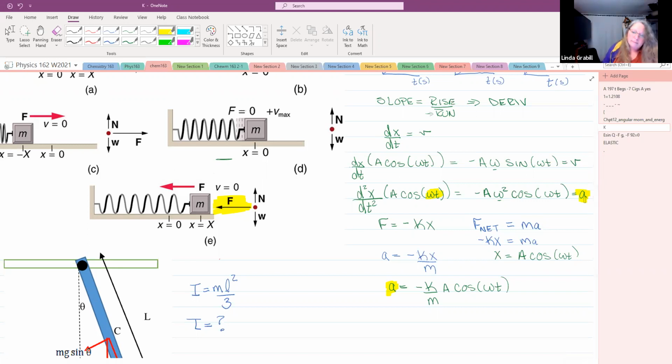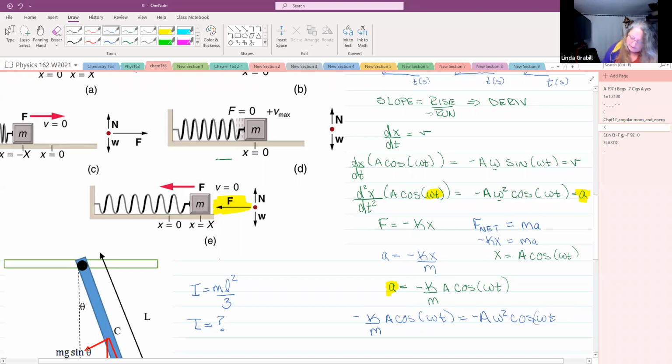Okay, let me go ahead and do that. So I get negative k over m A cosine omega t equals negative A omega squared cosine omega t.